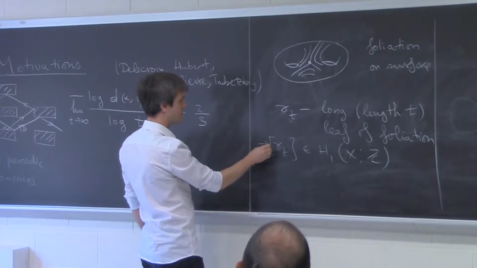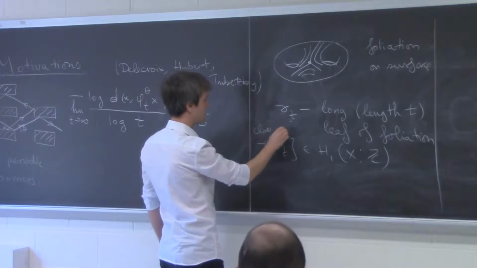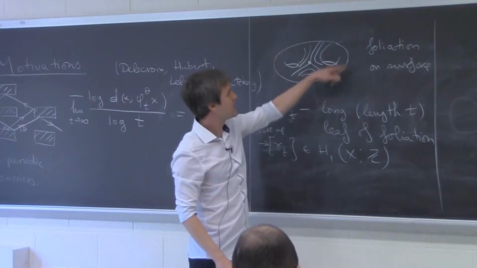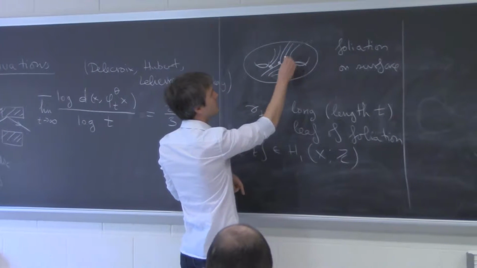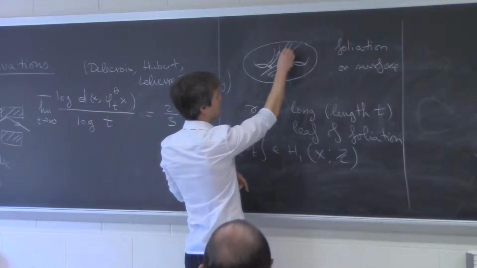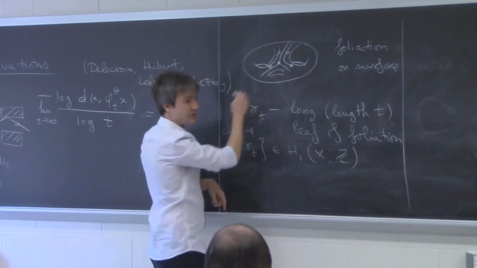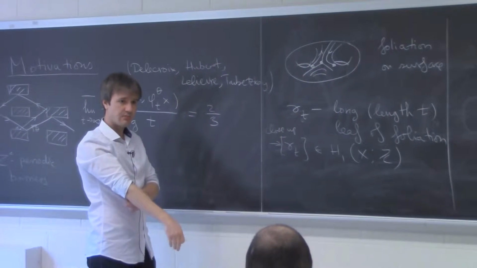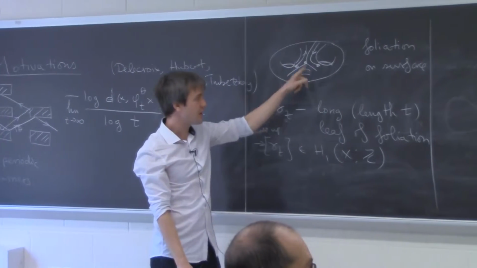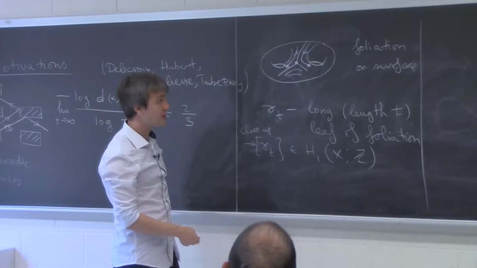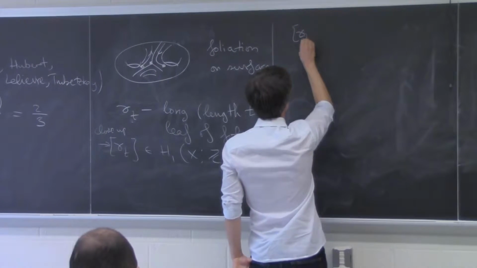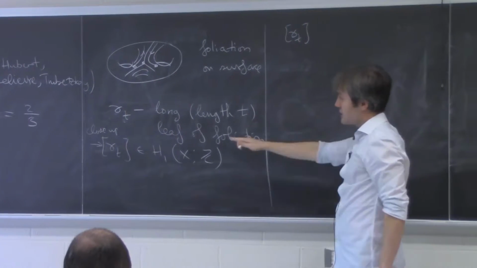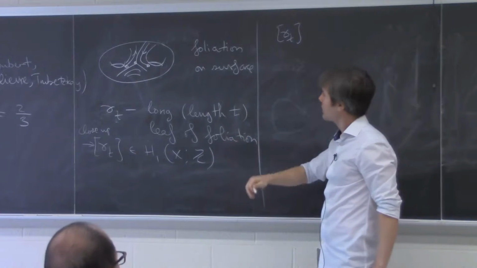So your leaf is going around for a long time, and it might start here and end here. Maybe it went in like this, did stuff, and then came back. You close it up in some way. It doesn't really matter which way you close it up. You make some bounded error. So for the kind of questions that I'll be discussing, this is not going to matter. So you close it up in some reasonable way. And then you ask, what is this homology class? How does it look asymptotically?